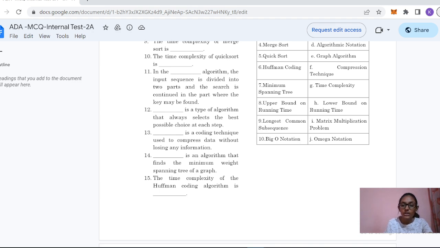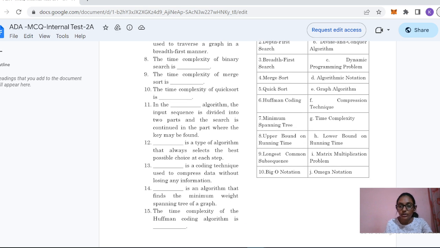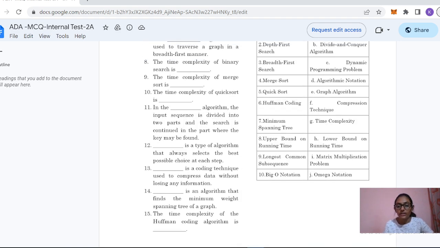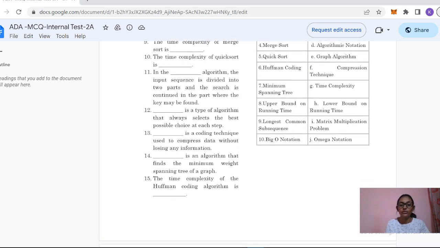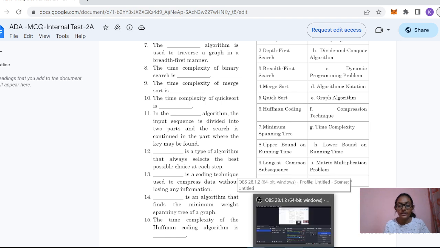Longest common subsequence is a dynamic programming problem, so it is matched with option C, dynamic programming problem. And the tenth is big O notation. Big O notation is an algorithmic notation, that's why it is matched with option D, algorithm notations. That's it. Thank you.